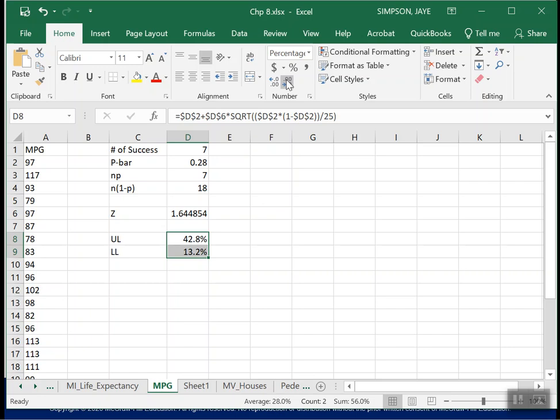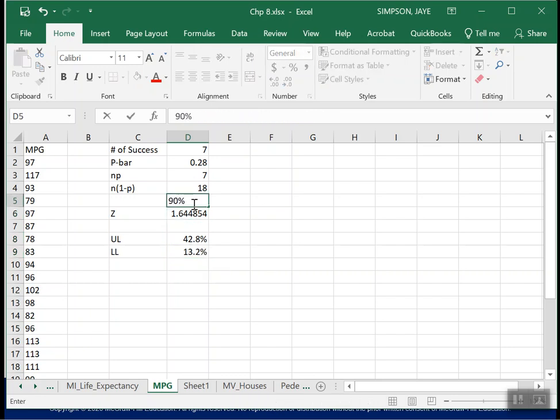Now let's say that we wanted 99% confidence. Well, the only thing that we would have to change to get 99% confidence would be our Z-score, right? So our Z-score for 90, this is for 90% confidence. I'm going to type that up here, 90% confidence. Let's go over here and make 99% confidence.